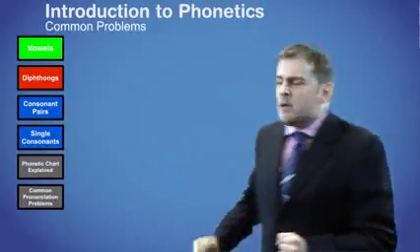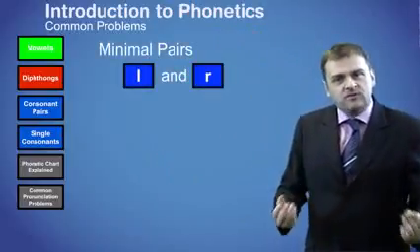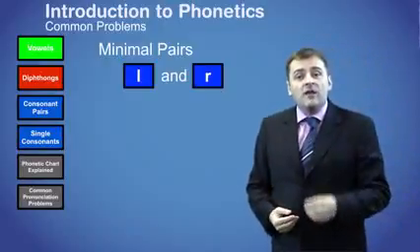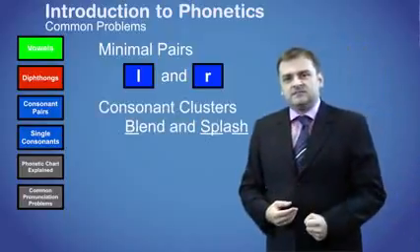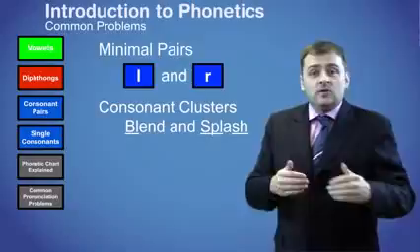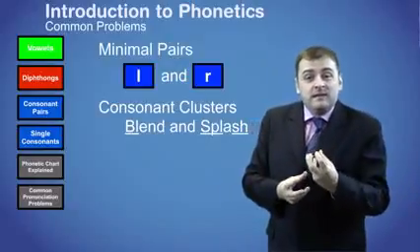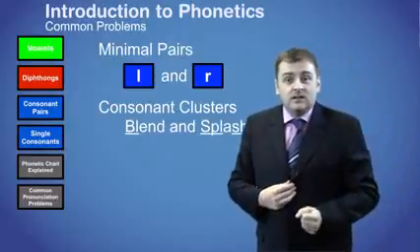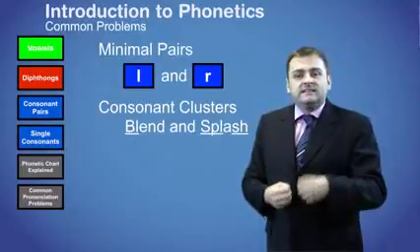We talk about minimal pairs, which are when two sounds are often confused, like L and R. Consonant clusters. This is when there are several consonants together without any vowels, and that produces a sound that can be difficult to pronounce, like bl in blend and sh in splash.